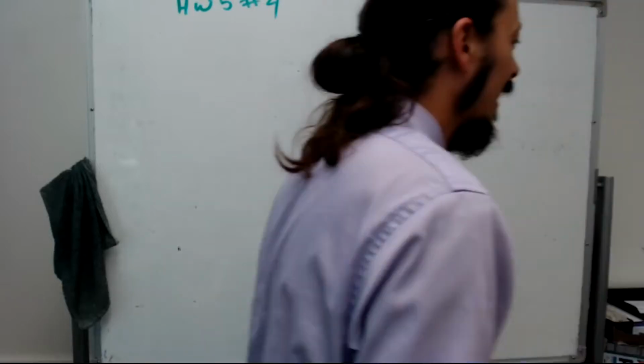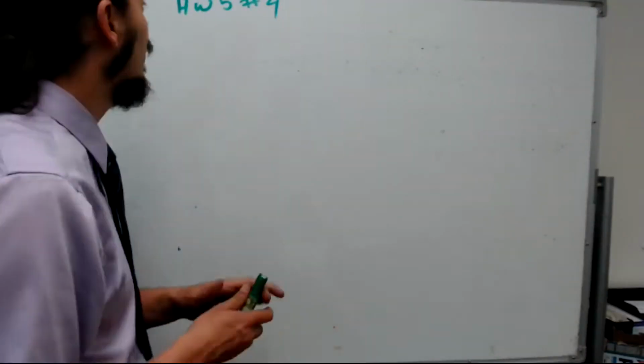Oh, I'm looking at number 5 instead of number 4. What's the concentration of the base? Oh, this is not a buffer problem, actually. If you look at homework 4, it's like number 6 or something like that. Let's do it real quick, though.